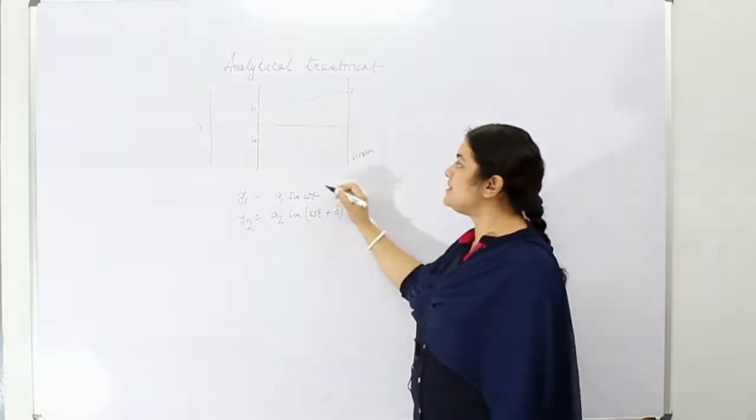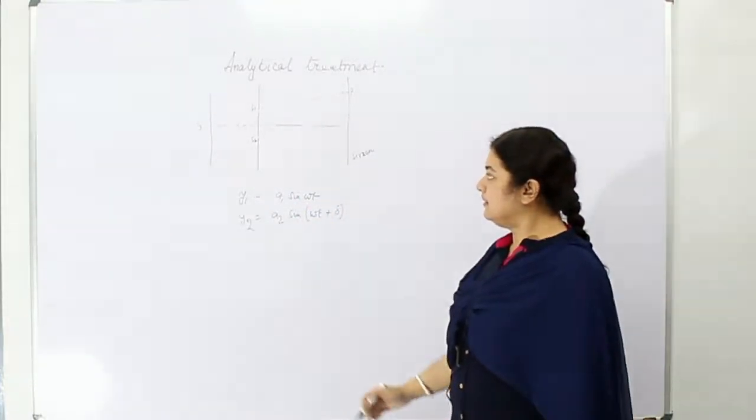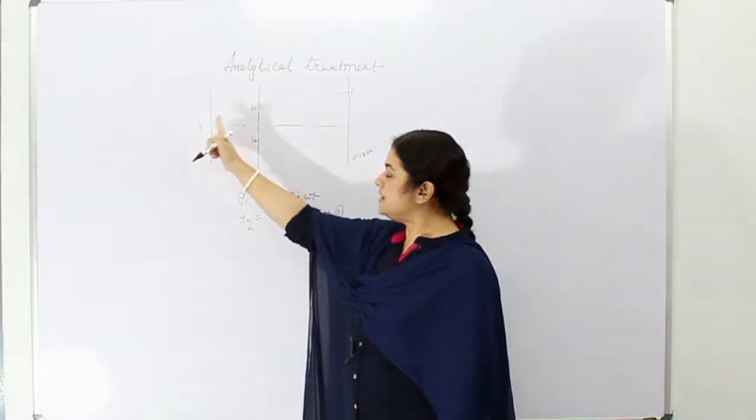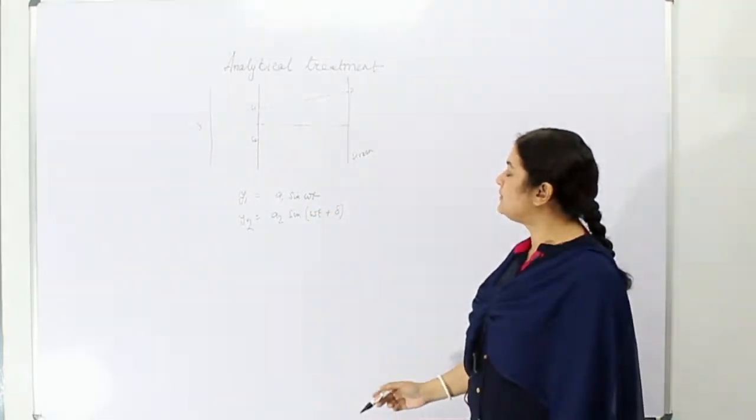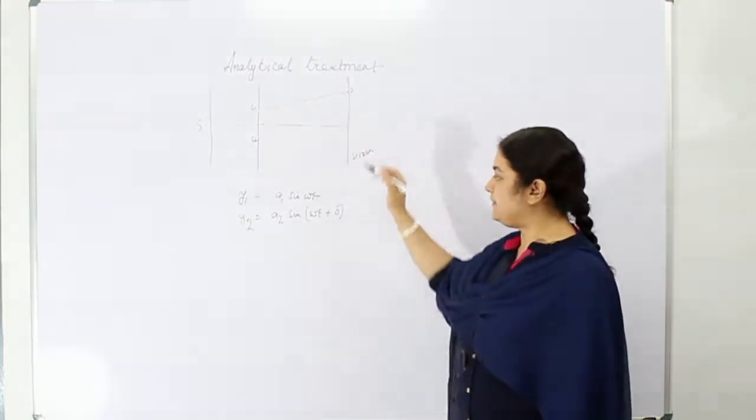Omega is the frequency of the light which is made to fall here. A1 and A2 are the amplitudes of the two light waves.